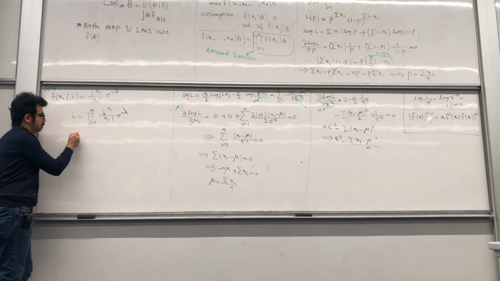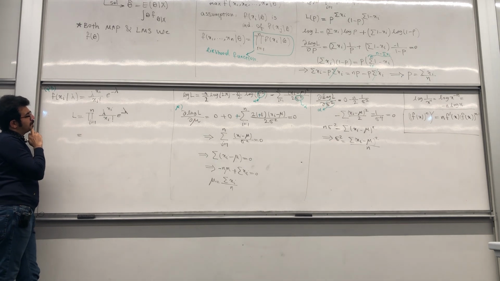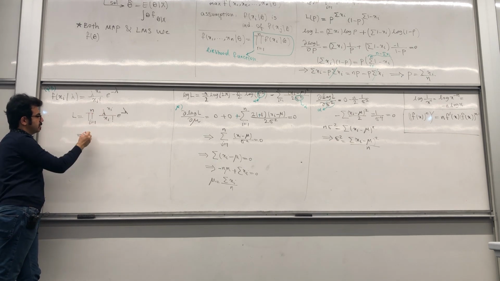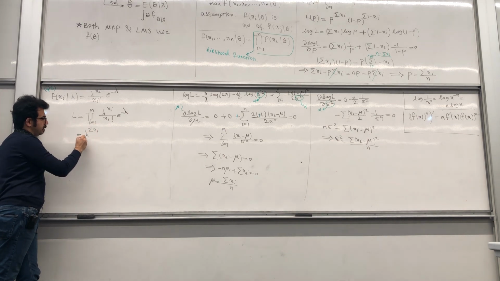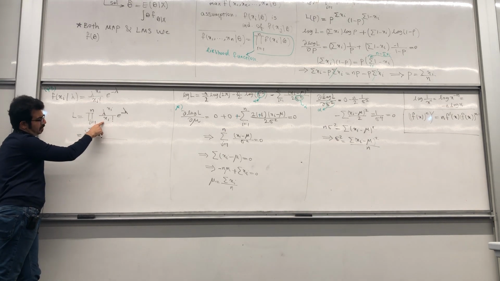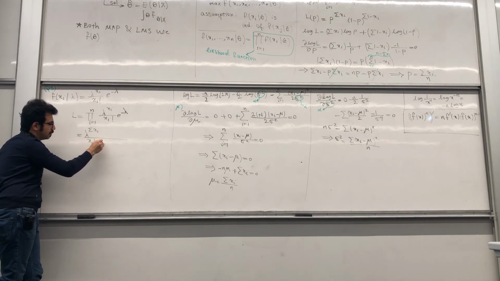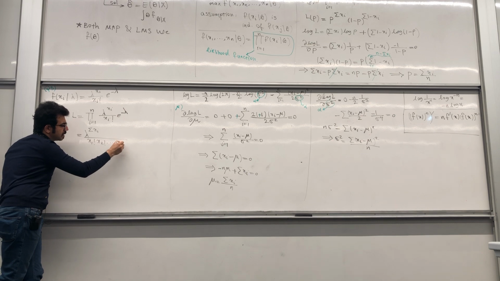Which is equal to lambda to the power of xi. This lambda, the base, is constant, so the exponent will sum up to the summation of xi. In the denominator I cannot do anything, so I just repeat it: x1 factorial, x2 factorial, up to xn factorial.